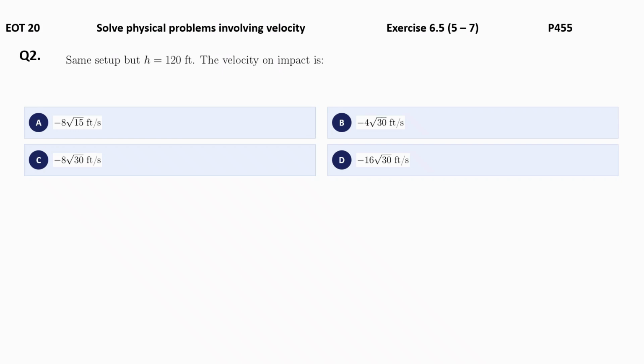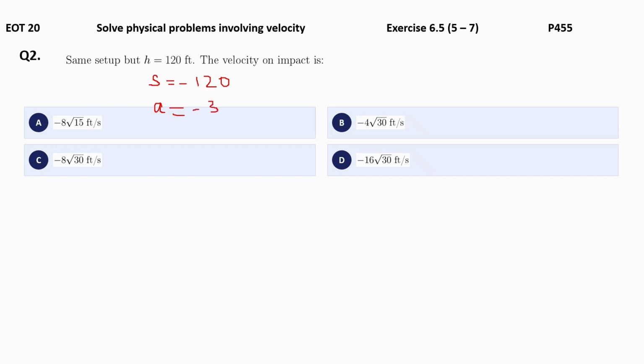Please try out this question. Same scenario as question number 1, but the only thing is it's given your s as negative 120. Your s value, you will take it as negative 120. Since it is feet, your acceleration is nothing but negative 32.